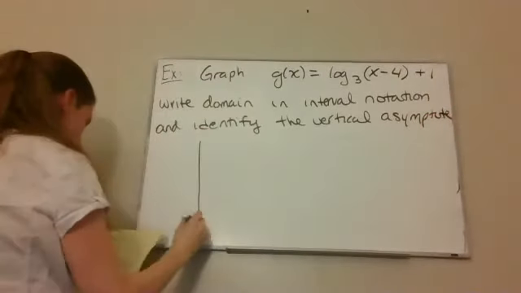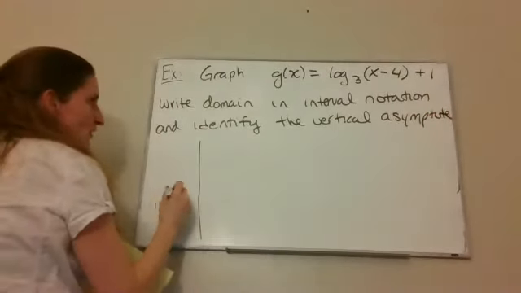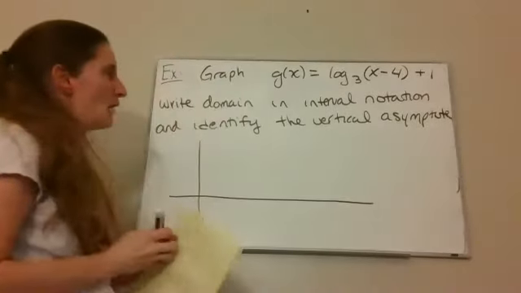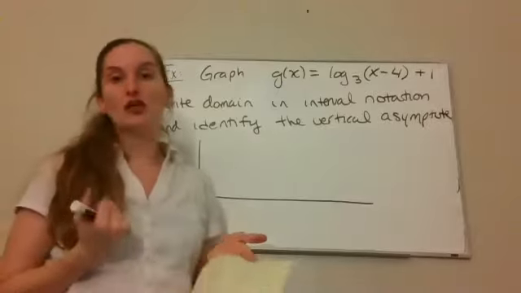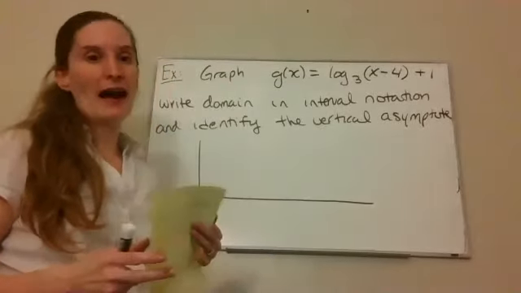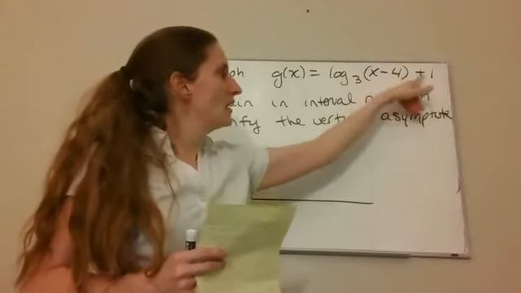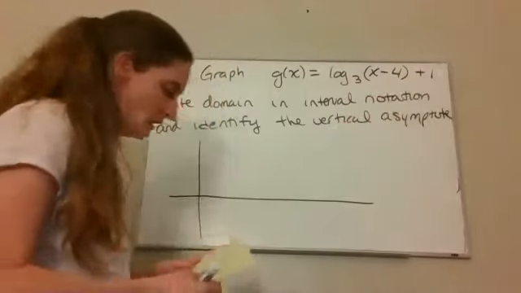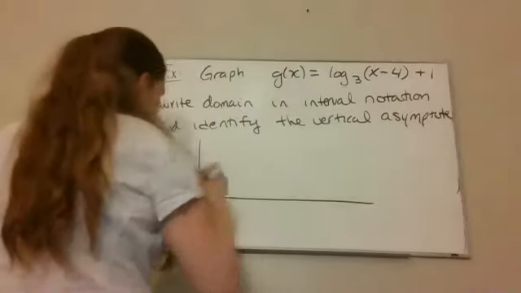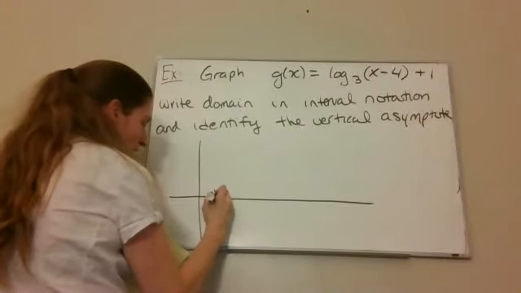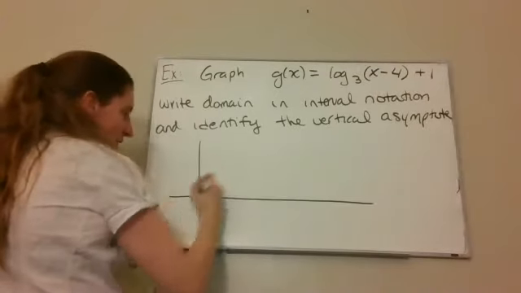All right, so I know I'm going to be shifting my graph around. I will take my original log base 3 of x graph, and it's going to be shifted to the right 4 and up 1. So let me get our basic graph down first. We know it has a point at 1, 0, and I know it's going up in this manner.